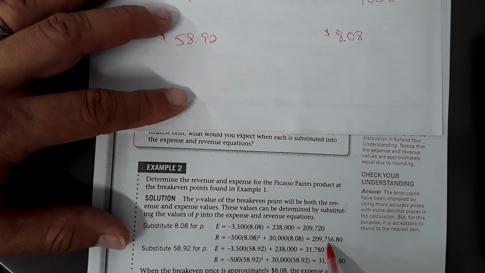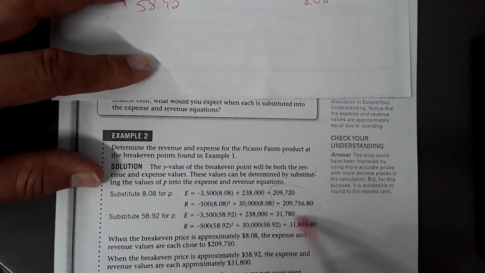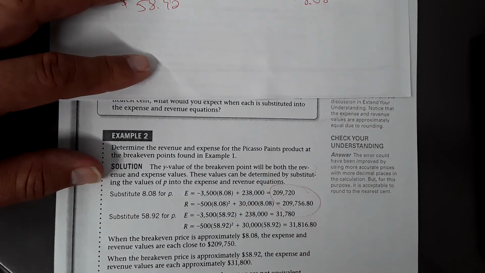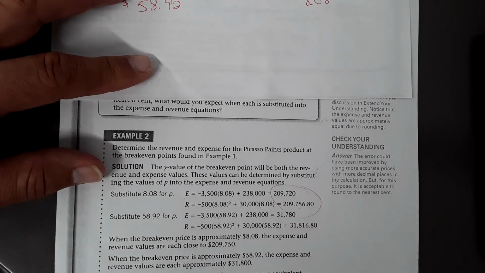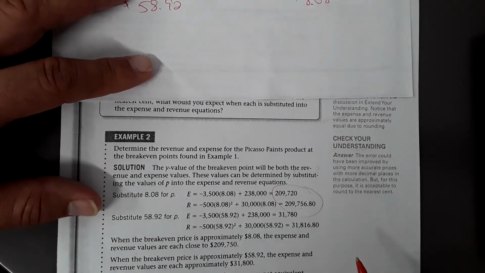Now, these break-even points, because of rounding, don't come out to be exactly the same, but they're coming out to be close, approximately the same. So you can see they're within a couple $100. Well, actually, they're within $46.